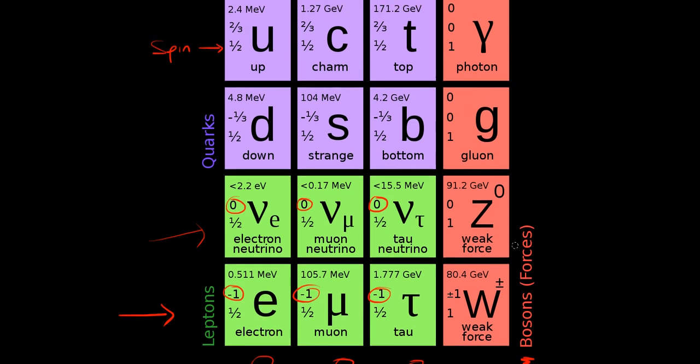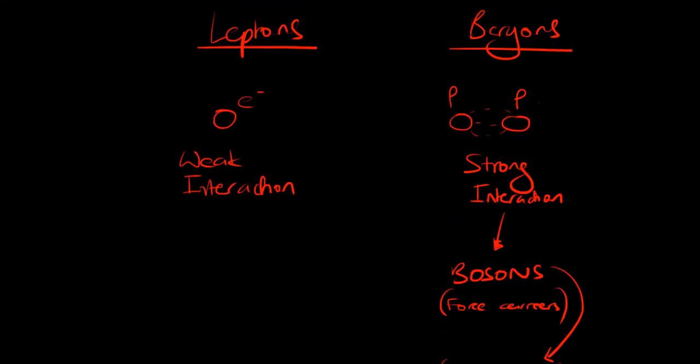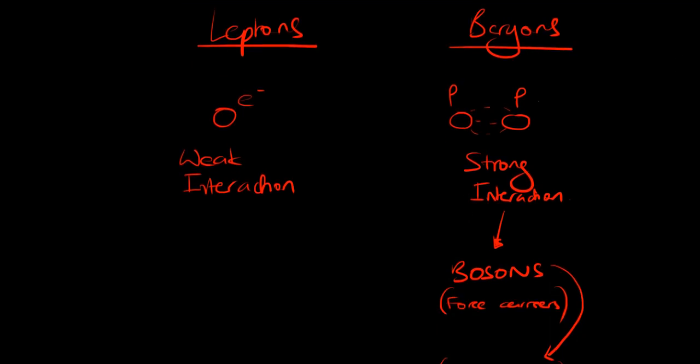And if you look at bosons, you'll find that they have integer spins, 1 spins, right? And that's a characteristic that defines baryons and leptons, or hadrons and leptons, whatever you wish to call them. Okay, so that's that done.